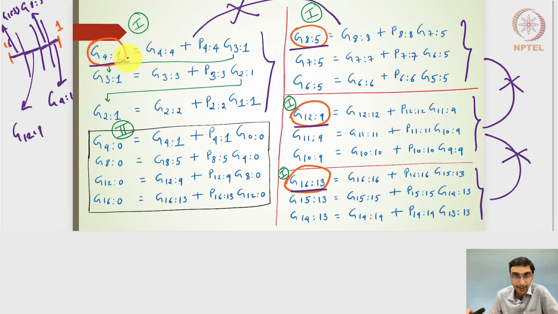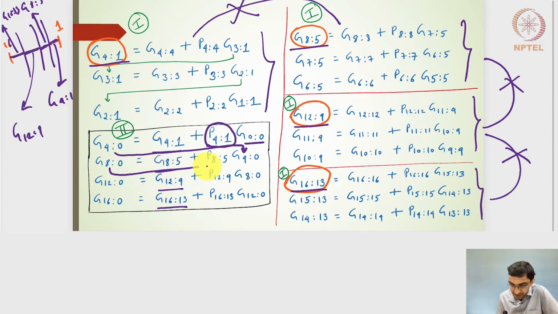and 4:1 signals. Once I have G4:1, 8:5, 12:9, and 16:13, then we can generate G4:0, 8:0, 12:0, 16:0 by using these group propagate signals 4:1 from G0:0. Once this G4:0 is generated, we can utilize it to generate 8:0.